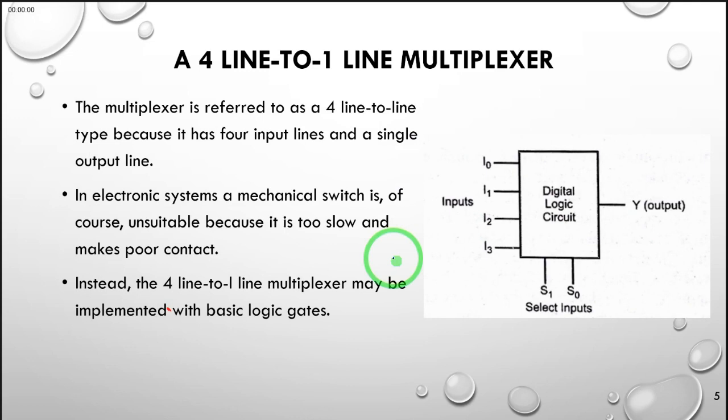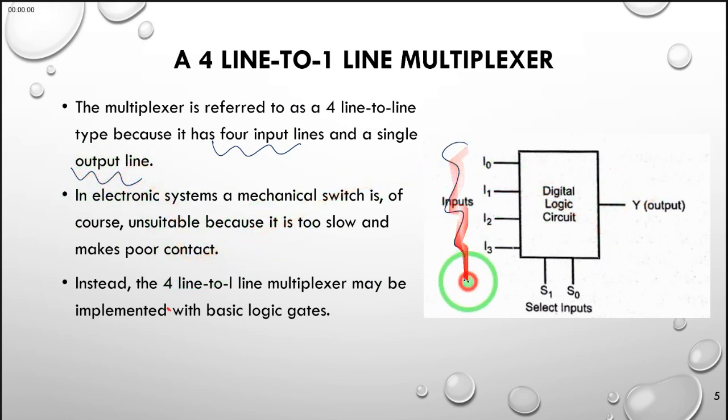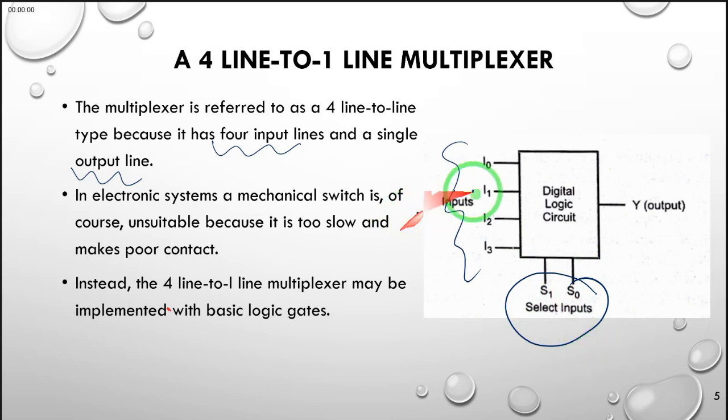It is a 4-line to 1-line type because it has 4 input lines and 1 single output line. There are also additional select inputs that are used for determining which of the available input lines we are connecting to the output line.